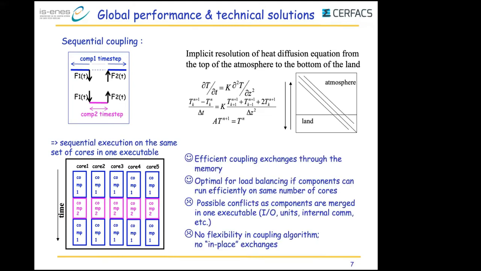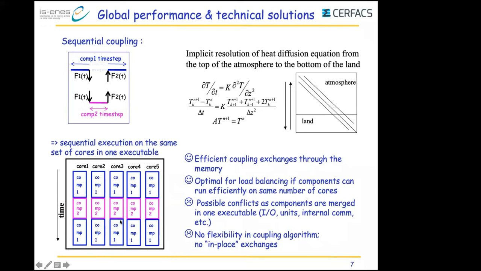The advantage of this type of coupling is that as you are running your components on the same set of cores, you can efficiently implement the coupling exchange through memory exchanges because you are sharing the memory. It's quite good for load balancing because you are using all your resources all the time.